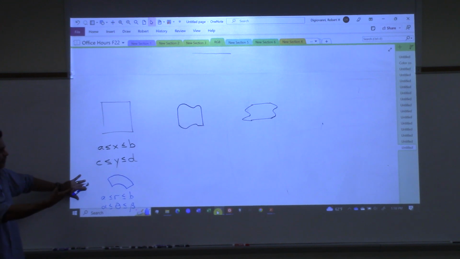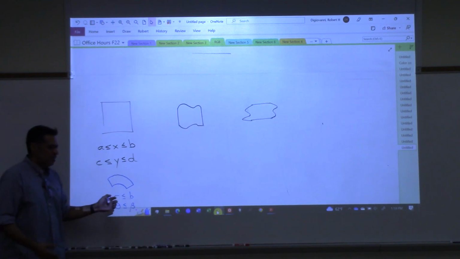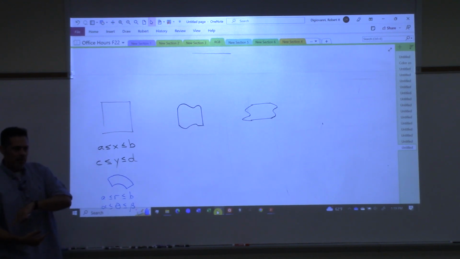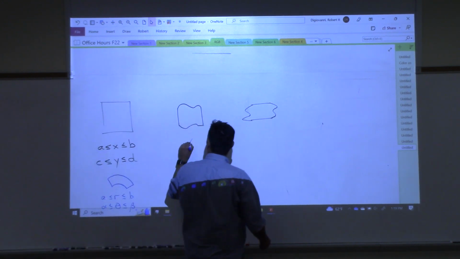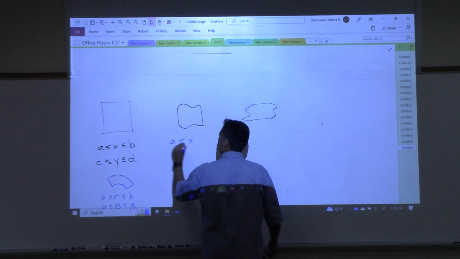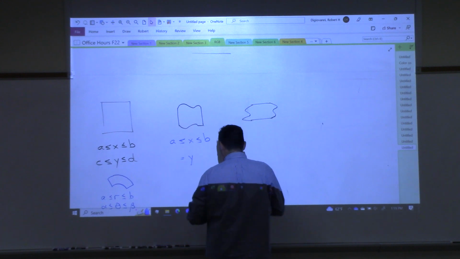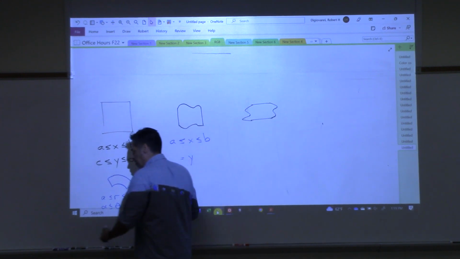Bounded between variables. Yeah, like some sort of type 1 region in polar, where one of these variables is between two constants and the other is a function of that other variable, right? So like here, the x is between two constants, and our y is between two functions of x, right?